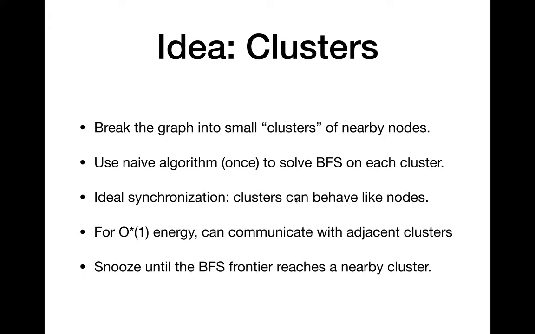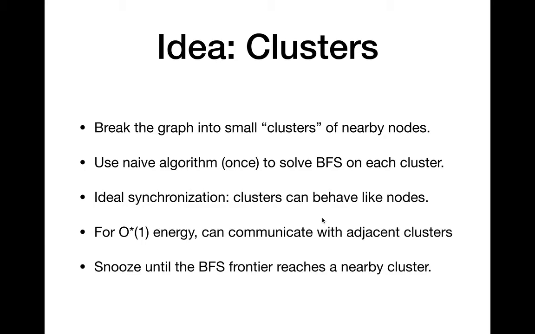Once I've solved the breadth first search on the cluster, then I get that kind of ideal synchronization that you saw on the previous slide, where if I want to send information out from the center, then that information moves out like the frontier of a BFS.